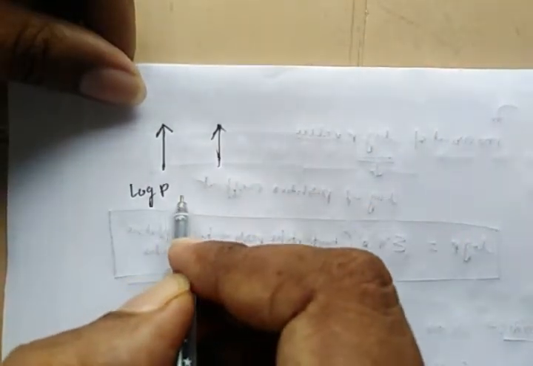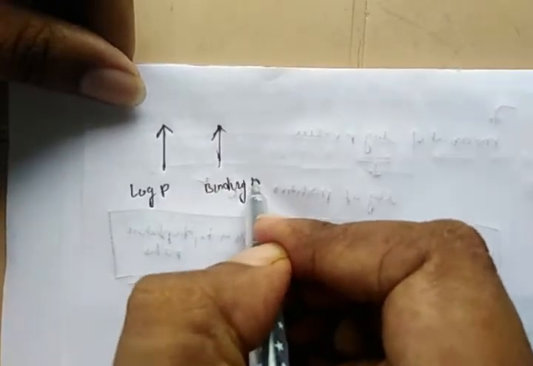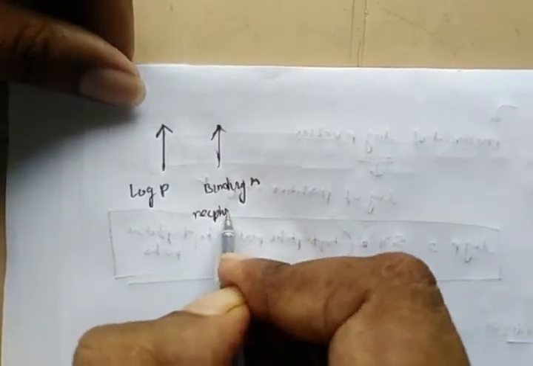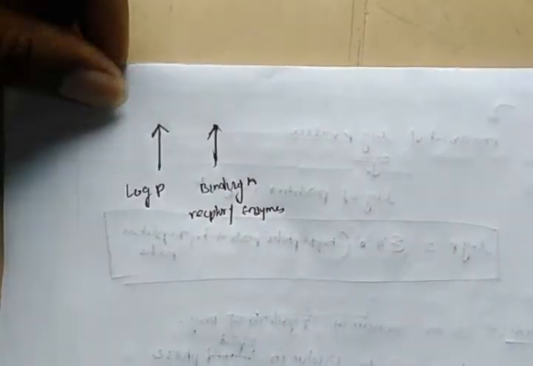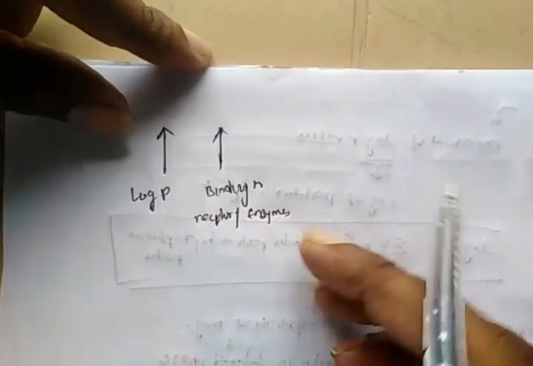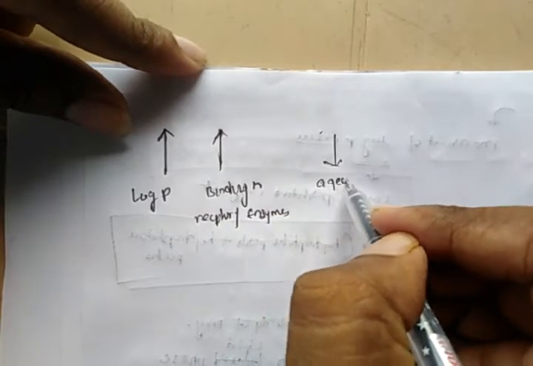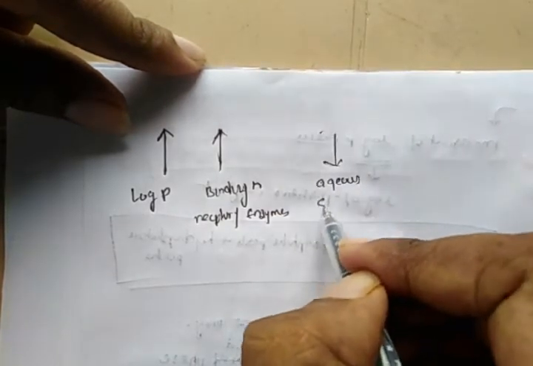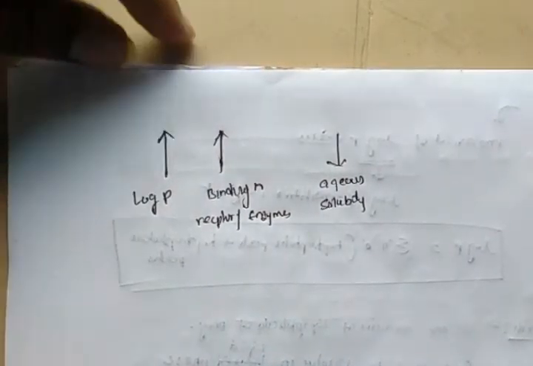If a drug has a higher log P value, it has more binding affinity towards receptors and enzymes, but it has decreased aqueous solubility. It is very insoluble in the aqueous phase.